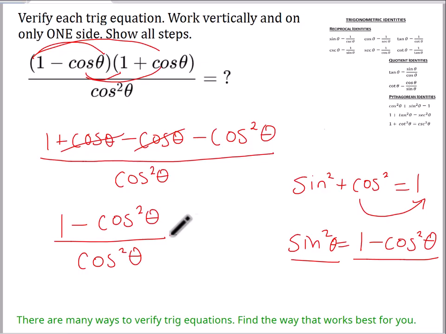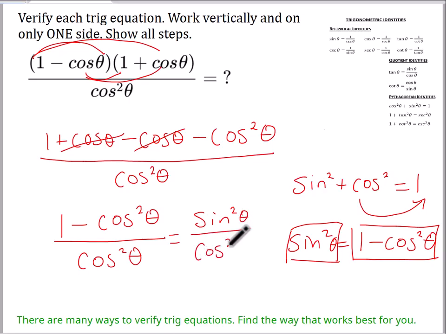And so I can substitute this in for this. And so I'm now sine squared of theta over cosine squared of theta. And sine over cosine, if you remember, is tangent, and because both of these are squared, it's like sine over cosine times sine over cosine. And so tangent times tangent is tangent squared. So this answer, when we simplify, is tangent squared.